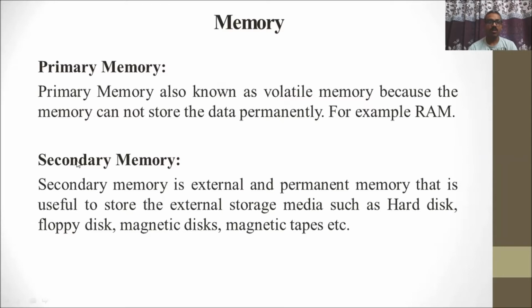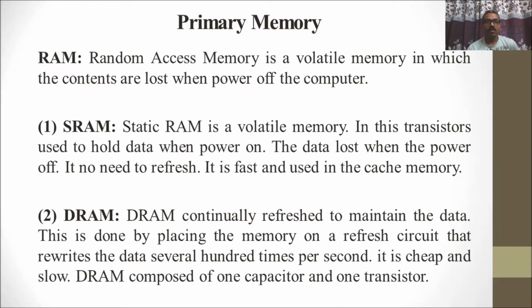Secondary memory is external and permanent memory that is useful for storage on external storage media such as hard disk, floppy disk, magnetic disk, etc. Primary memory is RAM, random access memory, a volatile memory in which the contents are lost when the computer is powered off.